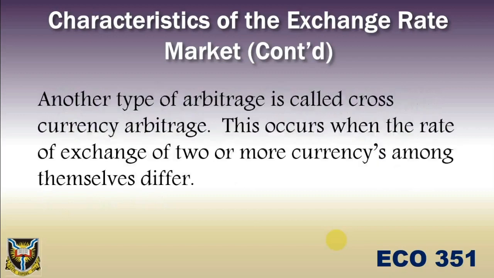Another type of arbitrage is called cross-currency arbitrage. This occurs when the rates of exchange of two or more currencies among themselves differ.